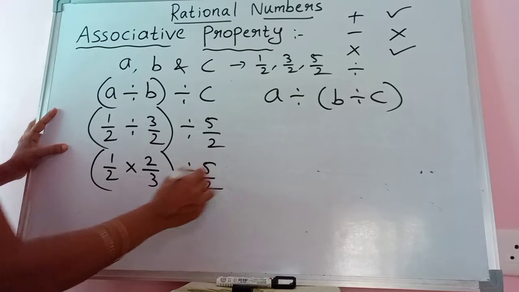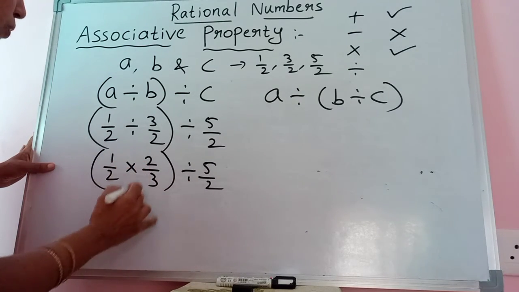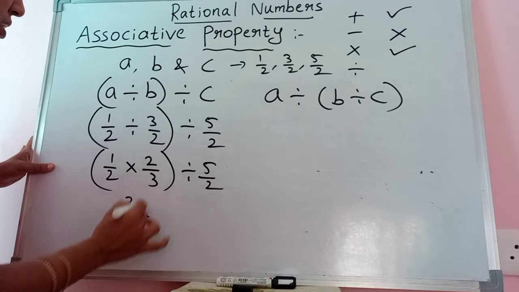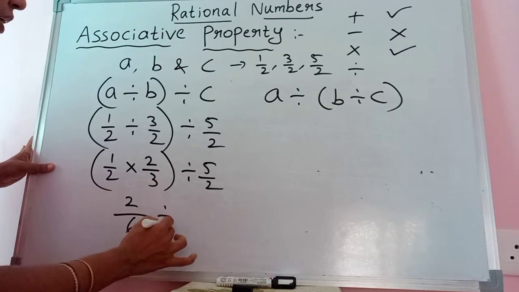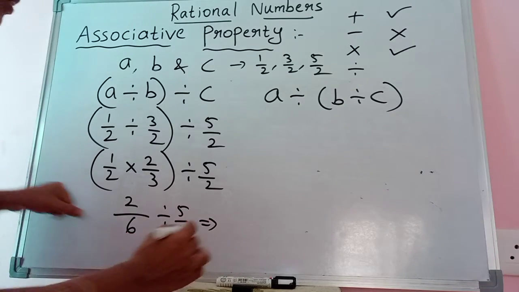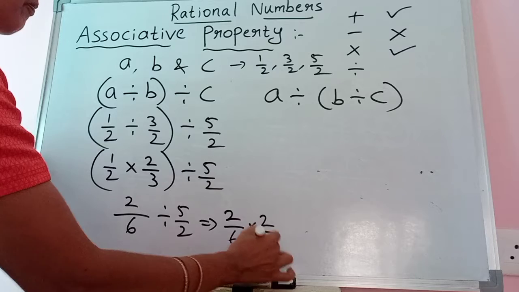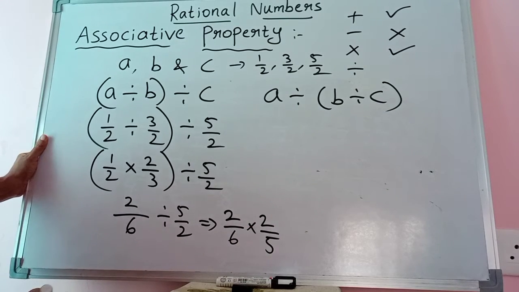First we will simplify what is given in brackets. 1 into 2 is 2, 2 threes are 6, divided by 5 by 2. Division of 5 by 2 is also equal to multiplication by 2 by 5, the reciprocal.